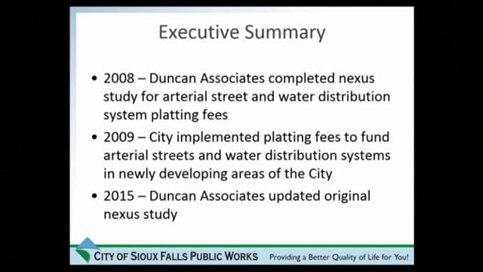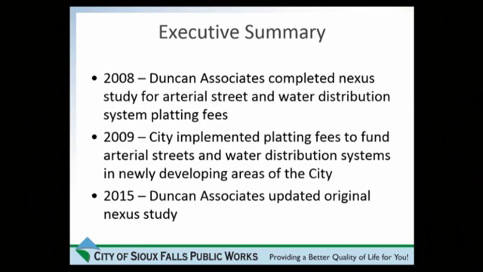In 2009 then, we implemented these fees to fund improvements to arterial streets and water distribution systems in newly developing areas. The fees have been in place for 8 years, and they have not been adjusted since they went into effect. Then in 2015, we brought Duncan Associates back to update their 2008 study.